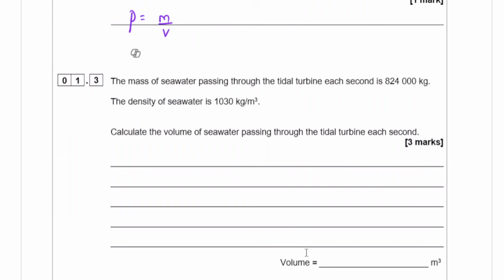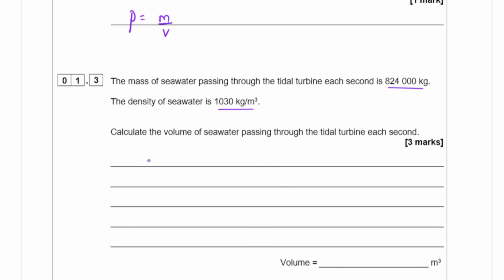The mass of seawater passing through the tidal turbine each second is 824,000 kilograms. The density of the seawater is 1030 kilograms per meter cubed. Calculate the volume of seawater passing through the turbine each second.